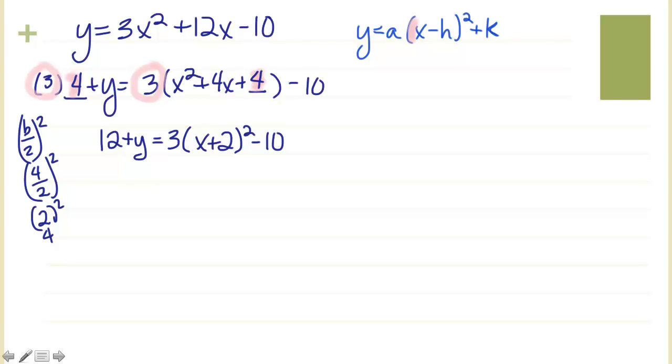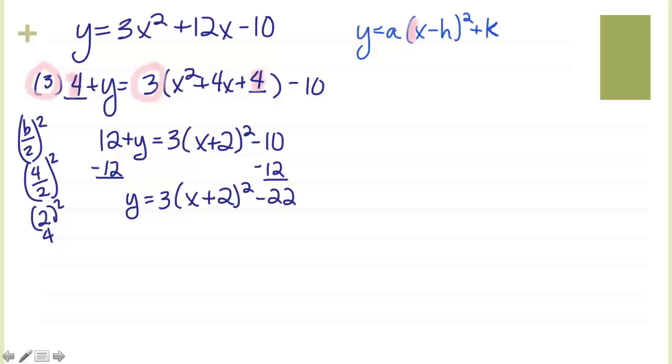All right, so the 12 came from the 3 times 4 on the left side. There you go. All right, so now we just have one step that was the same as the last time. We've got y equals 3 times x plus 2 squared minus 22. So my vertex is negative 2, negative 22.